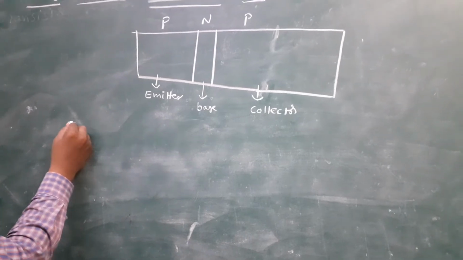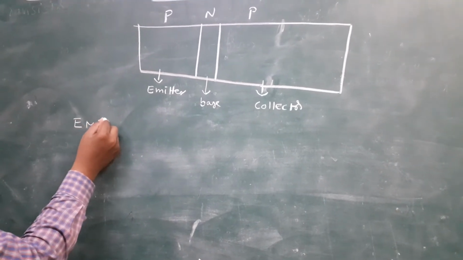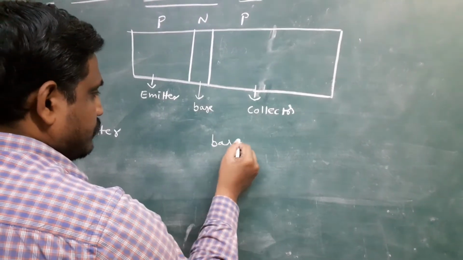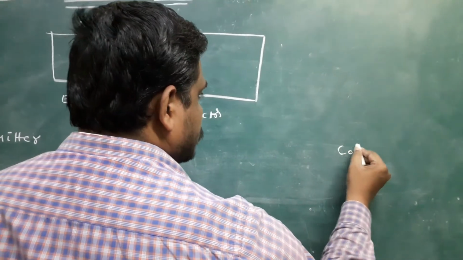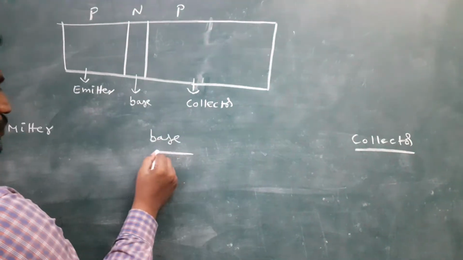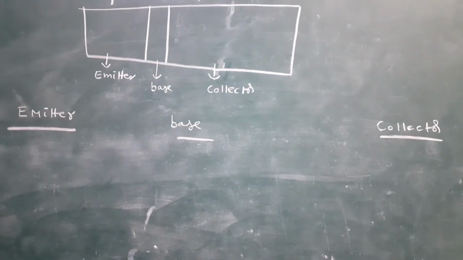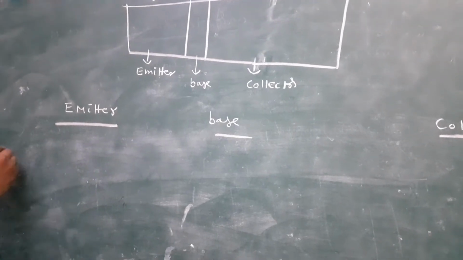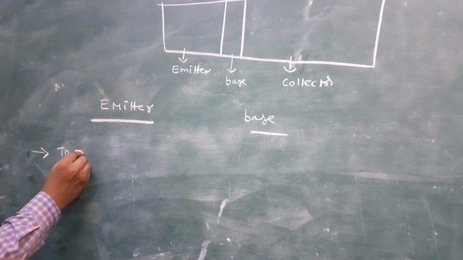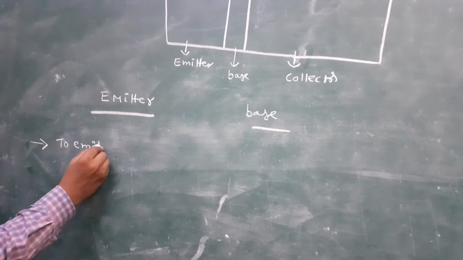What is the meaning of emitter? I can explain. Next region is base, last region is collector. I can explain the differences between emitter, base and collector. Here, the emitter's function is to emit the charge carriers.